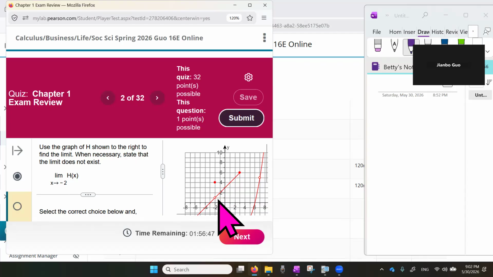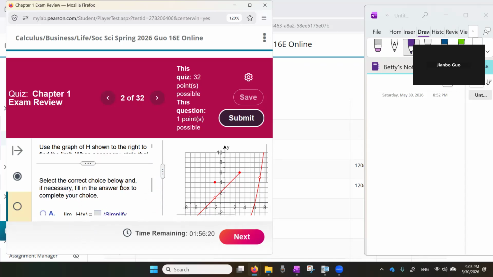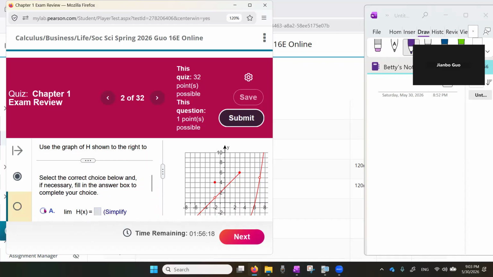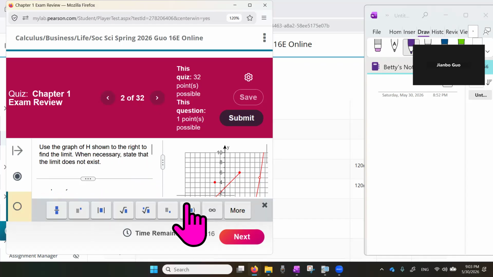So the limit has nothing to do with the value of the function at -2. The limit is going to be the y value of this hole, okay? So this is -2. When x approaches -2, the limit of the function is 1.